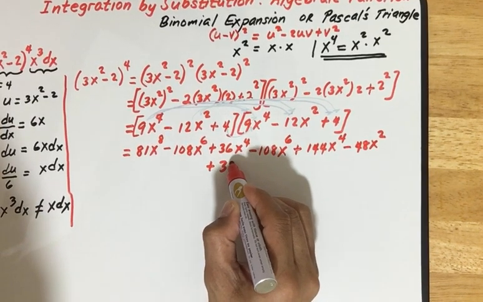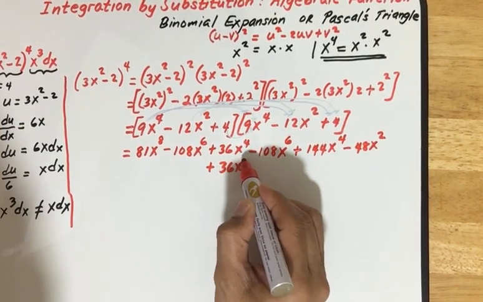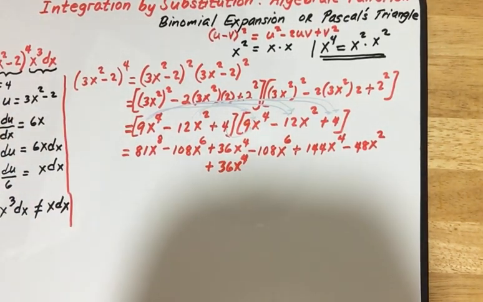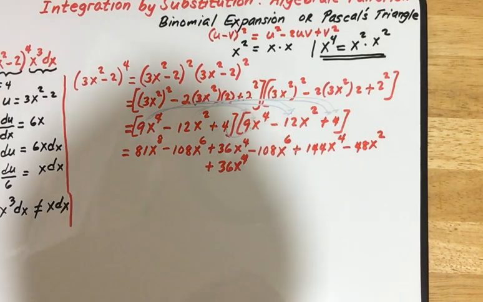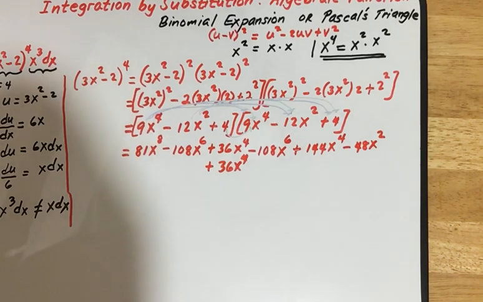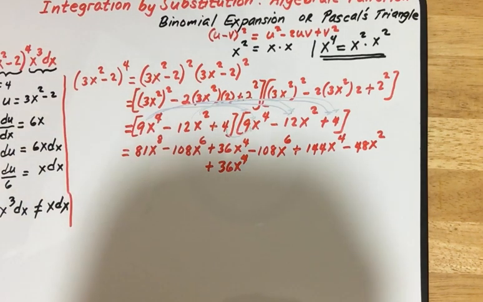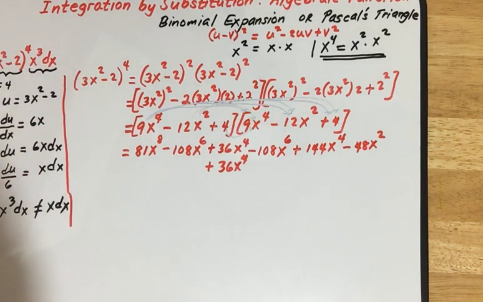So 36 x to the power 4. Is it correct? 4 times 9, so 36. Okay, let me check. Okay, it's correct.